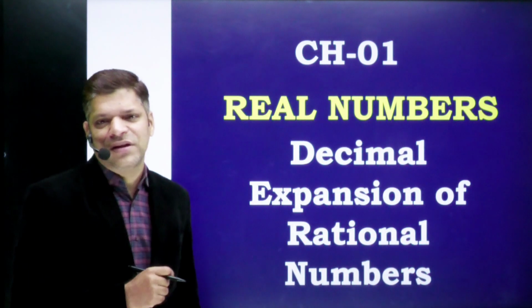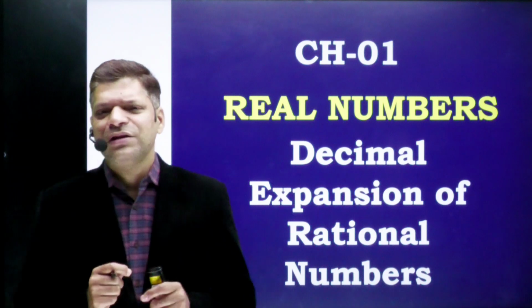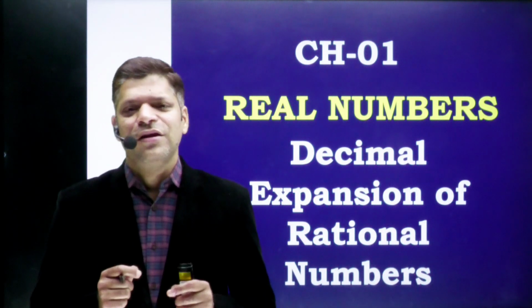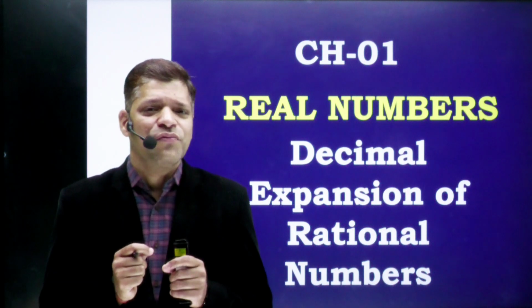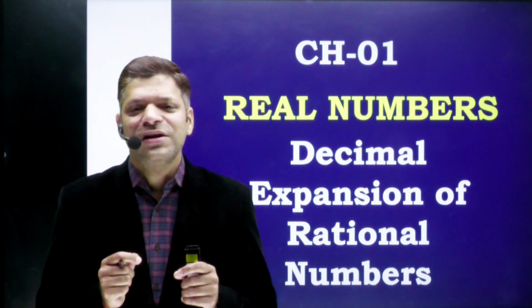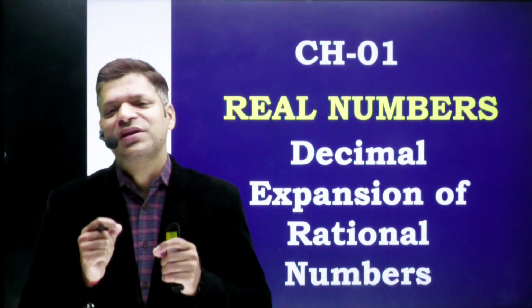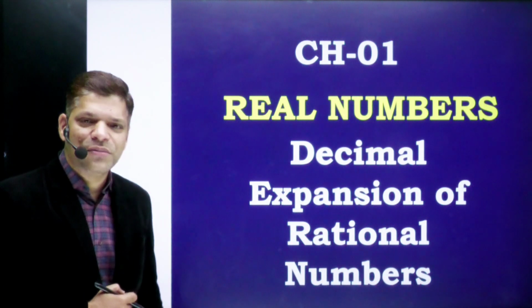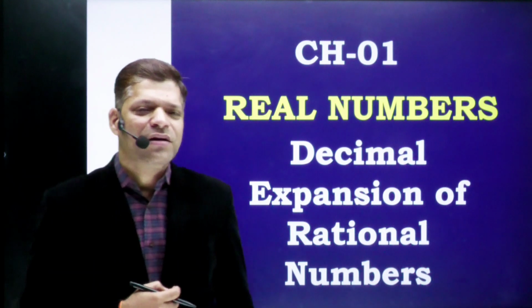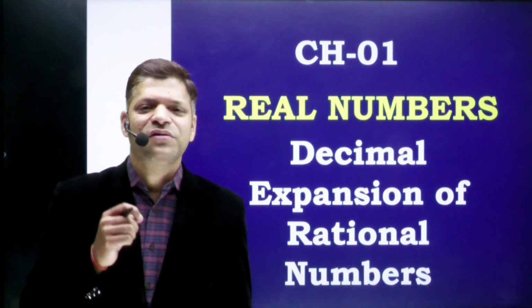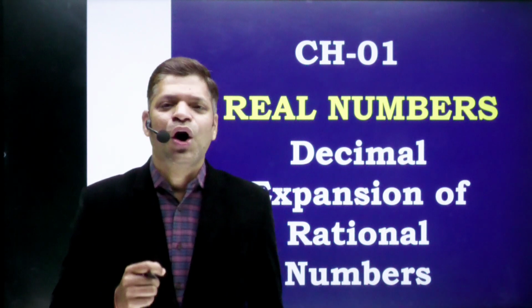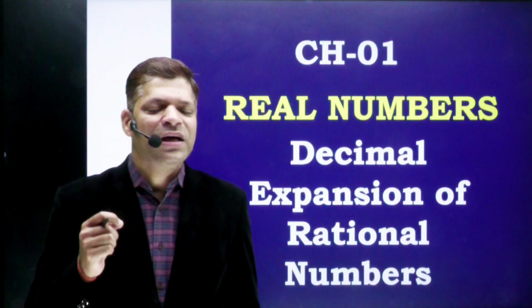Today in chapter number 1, Real Numbers, we are going to start decimal expansion of rational numbers. As earlier in lecture number 1, we studied that real numbers are a combination of two kinds of numbers, rational numbers and irrational numbers. About rational numbers, we defined that they are those numbers whose decimal expansion is terminating or non-terminating recurring.